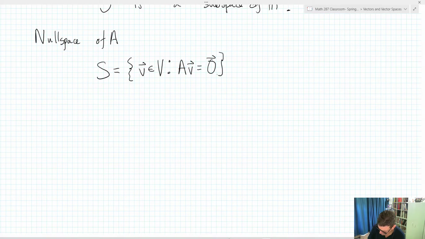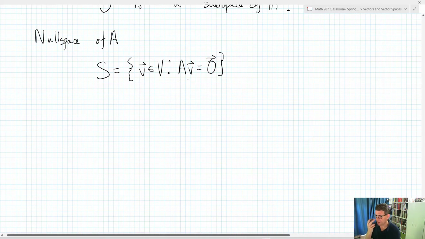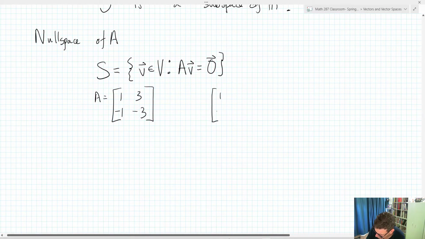For example, one thing that we know is that the 0 vector is trivially in there. So let's say I have A equals 1, 3, -1, -3. And I know that if I take the 0 vector, A times 0, 0 is going to equal 0, 0.